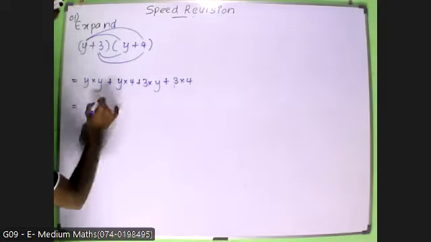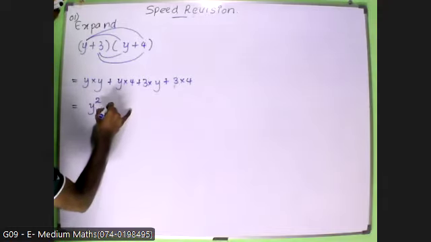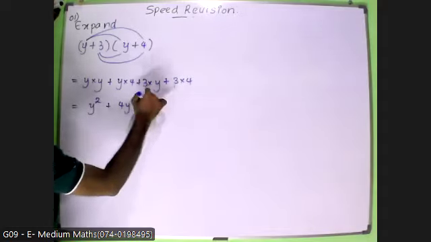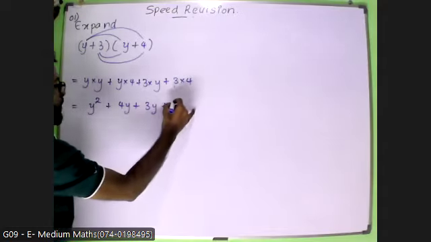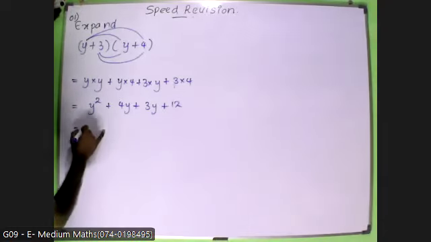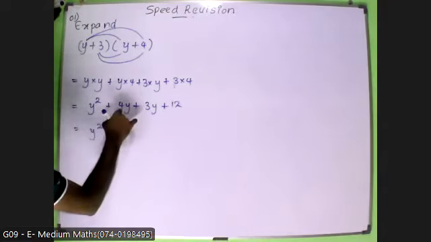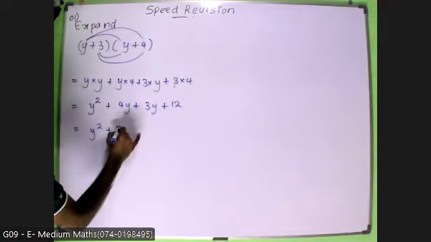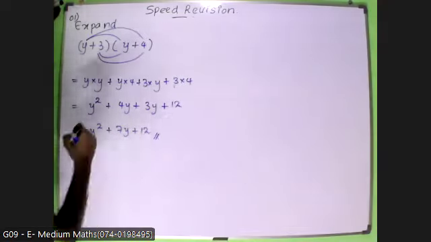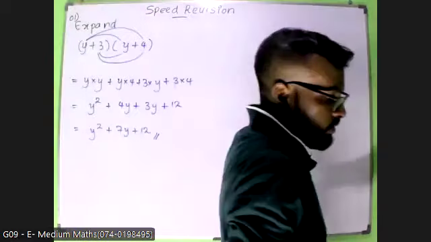Y times y, y square. Y times 4, 4y. 3y. Y squared plus 4y plus 3y, 7y, plus 12. So this is the final answer. Right?